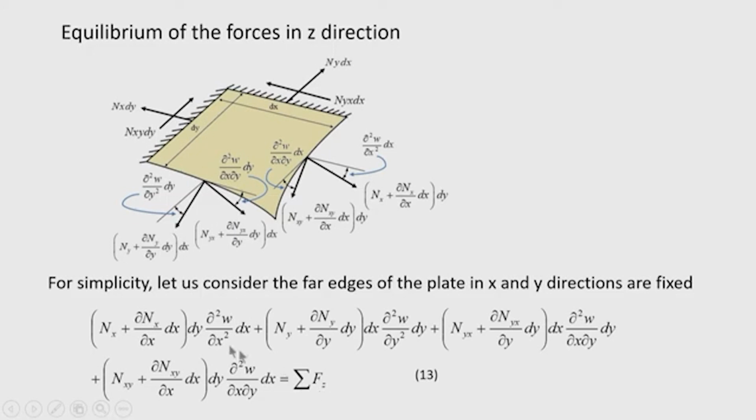After cancelling some common terms and neglecting the square of the small terms, because if you multiply term by term, in the first expression you will get a dx square term, del Nx by del x into dx square into dy del square w by del x square.